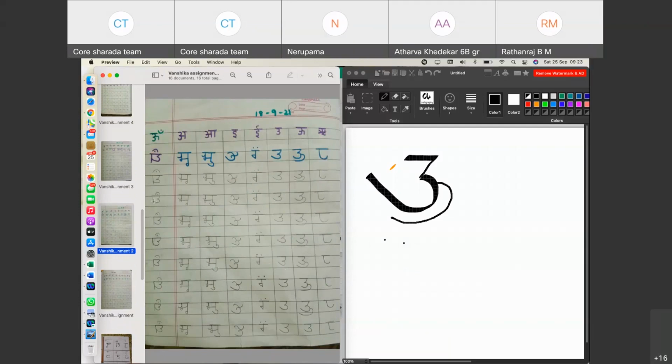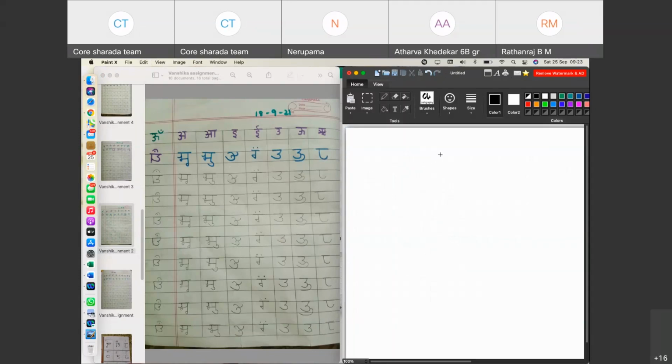I would just want to show everyone the letter E, the Laghu E. I would want everyone to keep a note. See, you have to draw this letter very, very slowly, and the shape comes out nice only if you make it very slow. One minute. So see, the first curve that you have to draw is the upper curve.